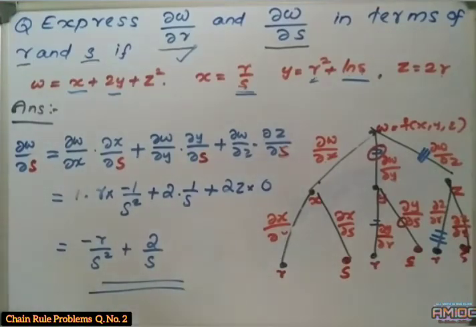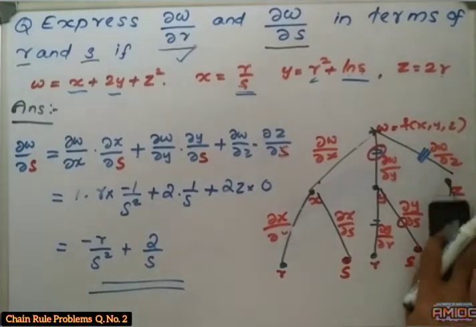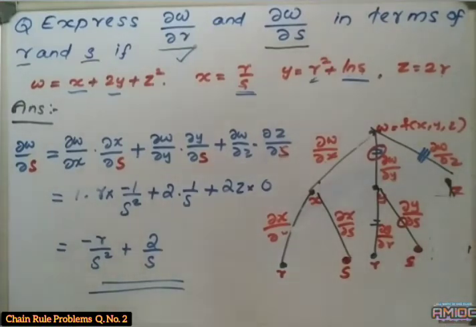Note the point that here the function z is a function in r only. Therefore, instead of treating like this, we can treat z as a function of r only. Therefore, here the derivative is dz by dr, since z is a function of r only.